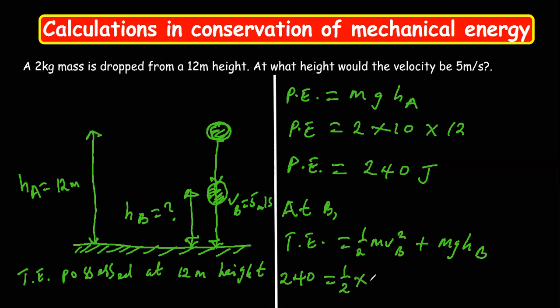Times mass. What is the mass? 2, then times 5 squared, because that's our velocity at B, plus again the mass, 2, times 10, then times the height at B, which is what we are looking for.